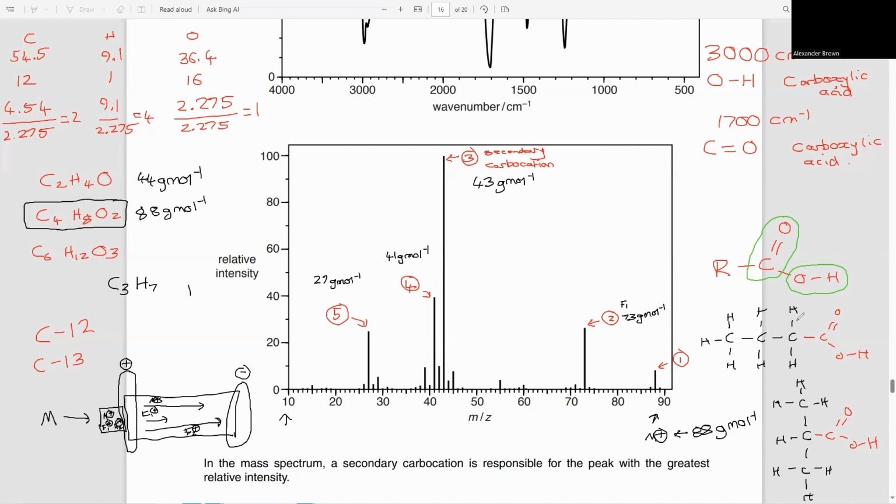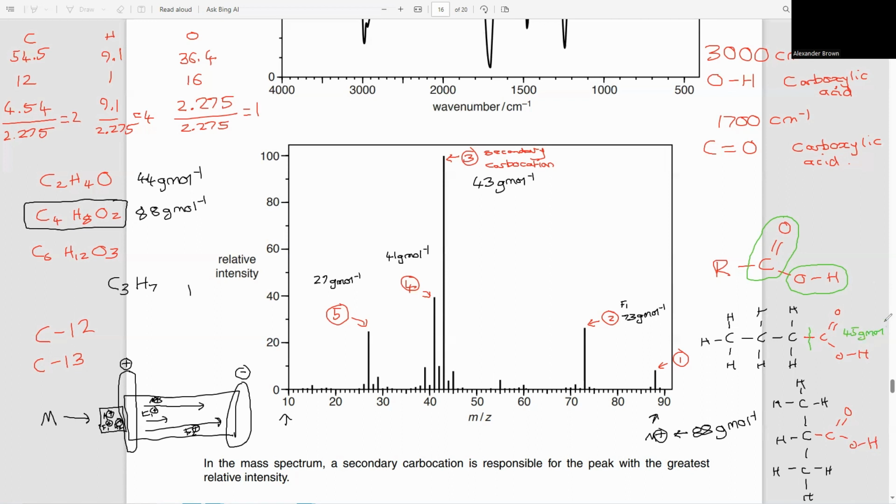So, for example, if we had a cut here, we would have this half of our compound as one fragment. So carbon weighs 12, 2 oxygens weigh 32 and hydrogen weighs 1. So that would be 12 plus 32 plus 1. So this side would weigh 45 grams per mole.